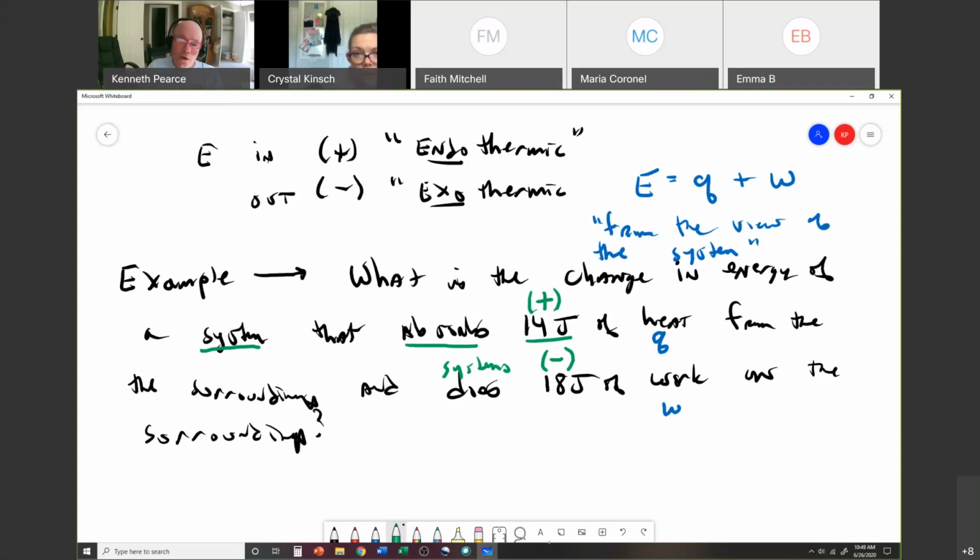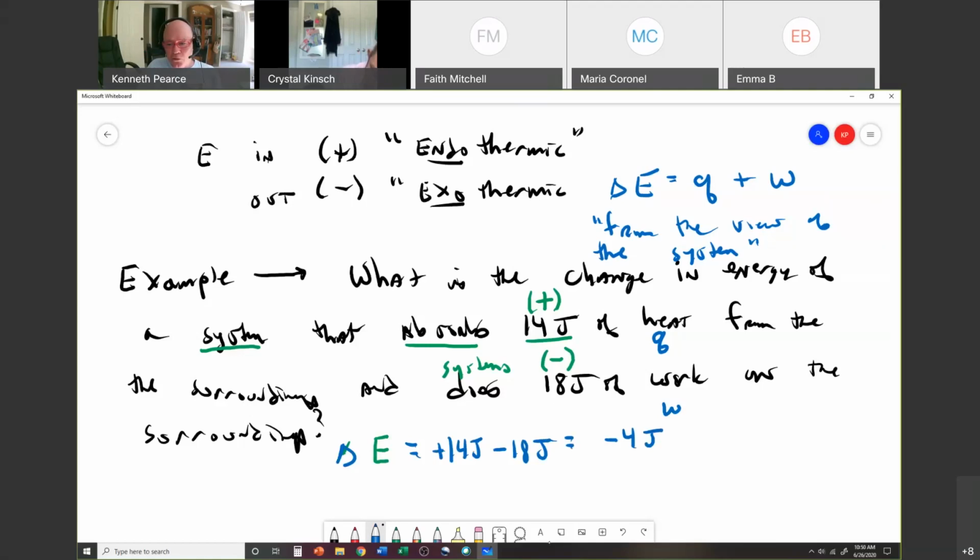And so we can actually write this down now. The change in energy of the system is the 14 joules, and I'm going to put a plus here just to be consistent, and then minus 18 joules of work, and the total change is minus 4 joules.